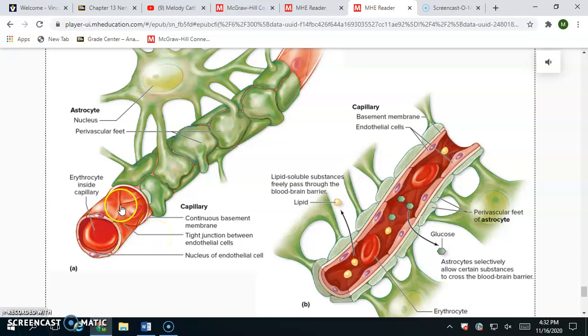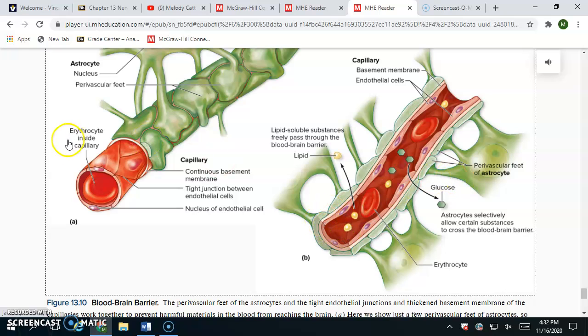And even if some things get through, they'd have to contend with the little foot processes of the astrocytes. You can see how they surround the entire capillary here, and only provide these little slits where things can make it through. So they're making that wall that's pretty impermeable to a lot of components in the blood, so it only lets certain things out.